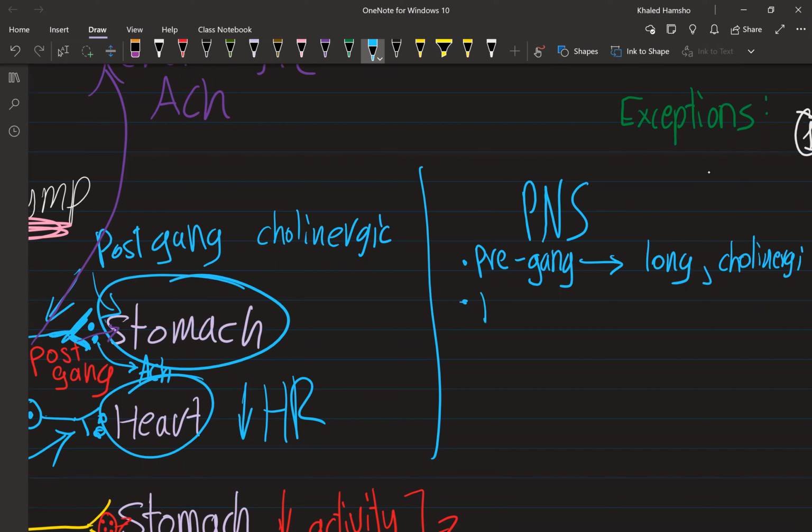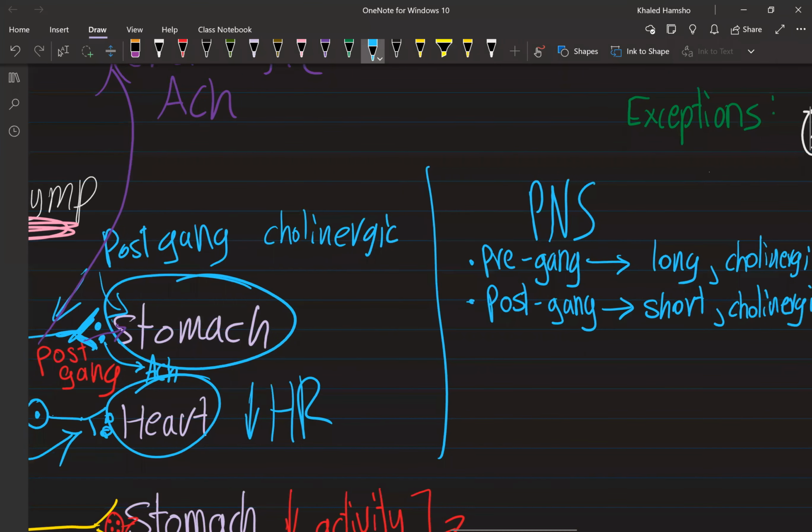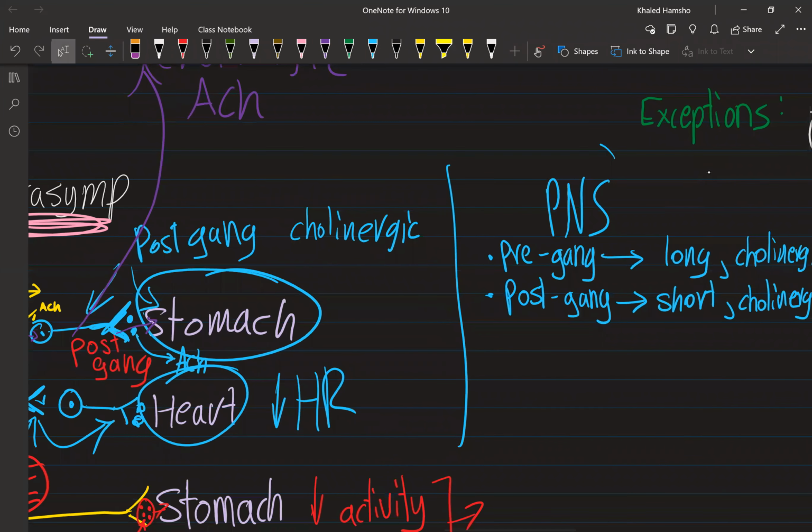The postganglionic neuron is short and also cholinergic. So in the parasympathetic nervous system, the main neurotransmitter that is used is acetylcholine.